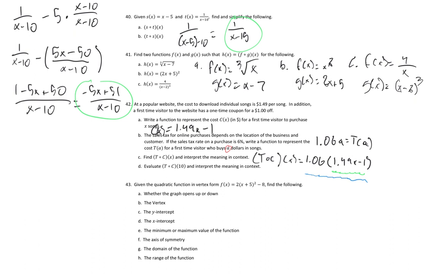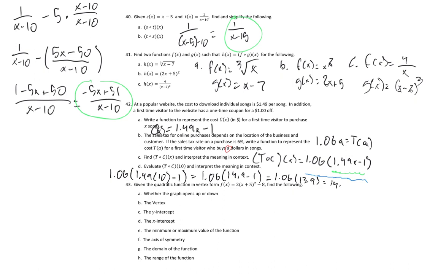Okay, now D. Let's find T composed of C of 10 and interpret the meaning. So we'll just plug in 10. 1.06 times (1.49 times 10 minus 1). So then this equals 1.06 times (14.9 minus 1), 1.06 times 13.9.